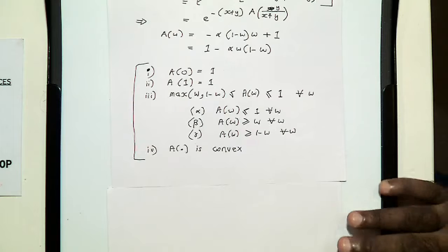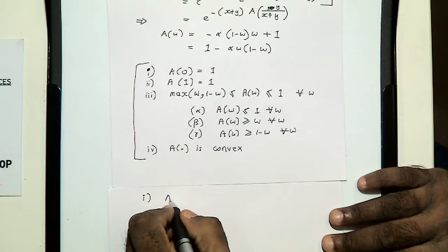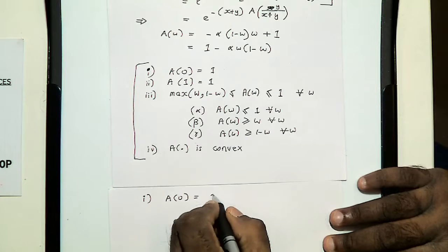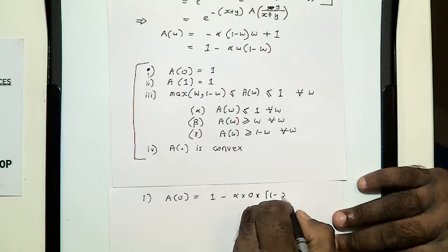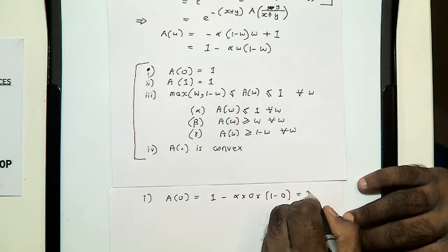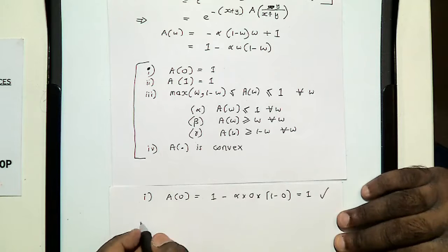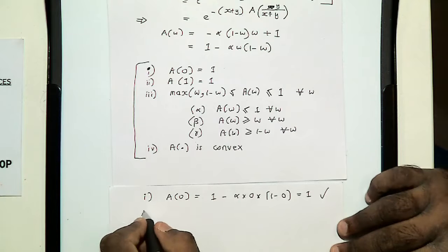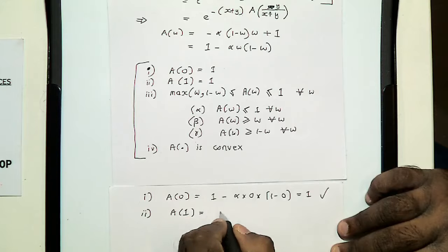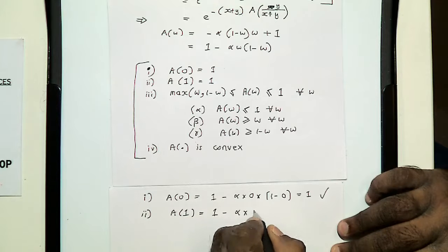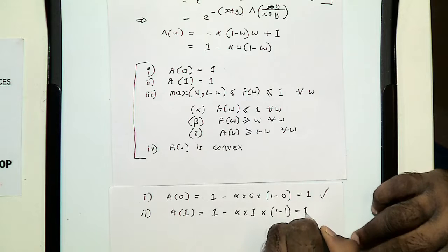Let's start with condition 1. A of 0 is 1 minus alpha times 0 times 1 minus 0, which is clearly equal to 1. So this condition is satisfied. Part 2: A of 1 is 1 minus alpha times 1 times 1 minus 1, which is once again equal to 1.